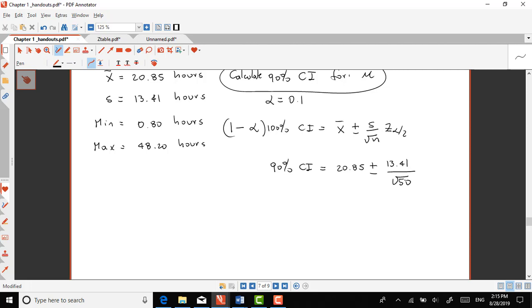And we already calculated Z alpha over 2. Remember, that was the Z for 0.05, since alpha is 0.10. It was 1.645.